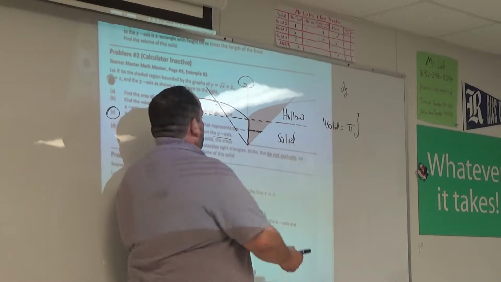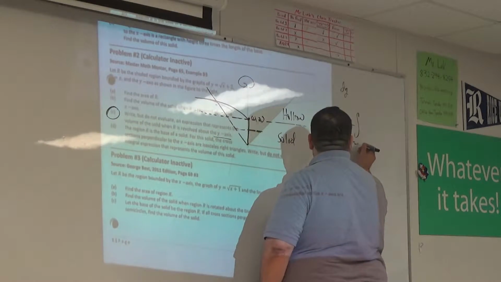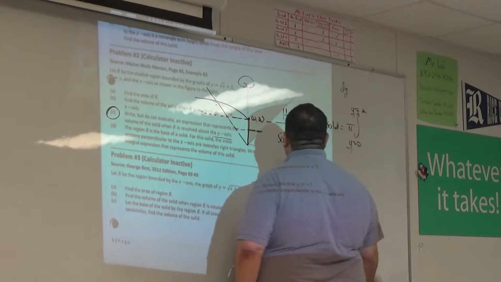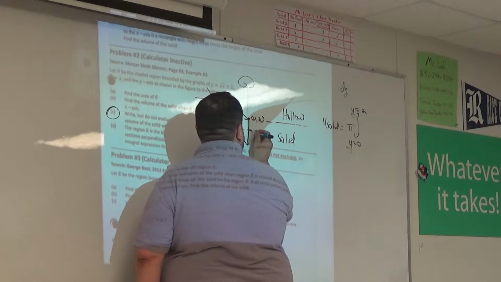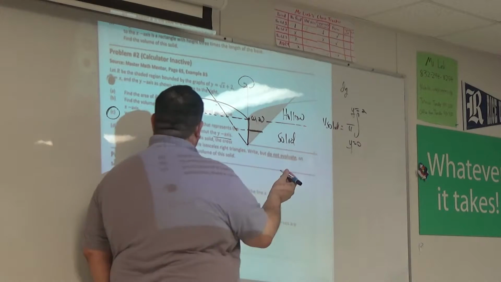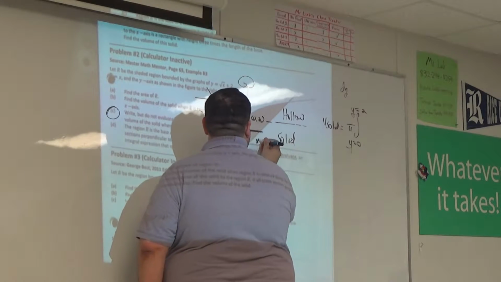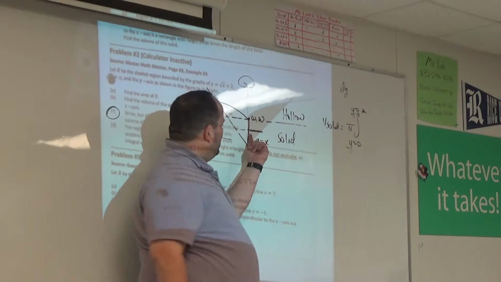Right, this guy over here is the point 0, comma 2. So we're going to go from y equals 0 to y equals 2. I need to figure out how long is that little slice. Well, if that slice is on the line, which is the line y equals x, how long is the slice?